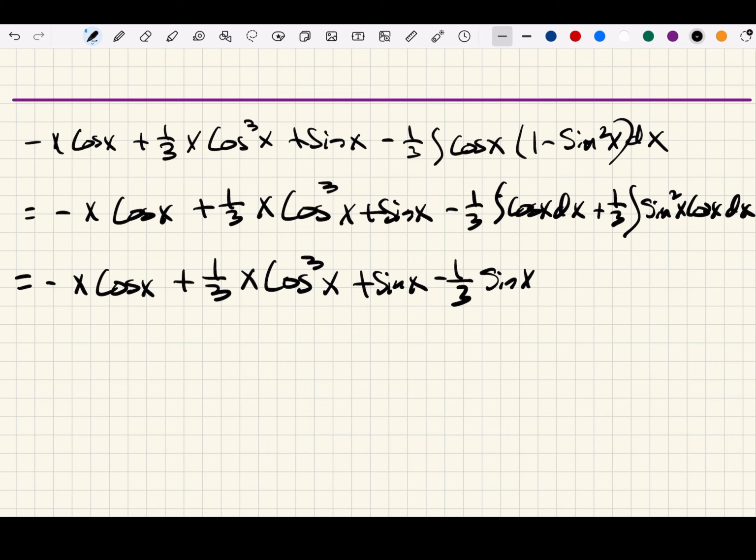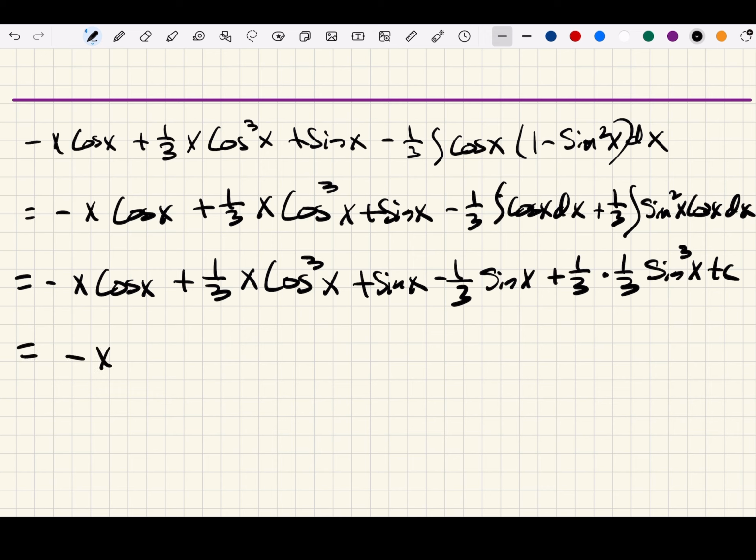If u is sine x, then I get 1/3 u cubed, don't I? So I'd have 1/3 times 1/3 sine cubed x plus c.